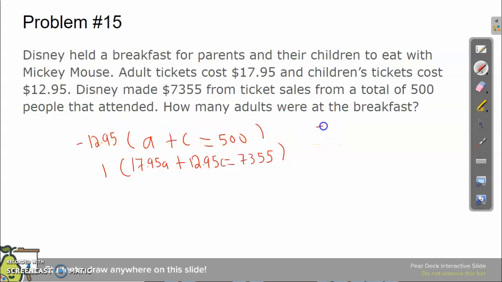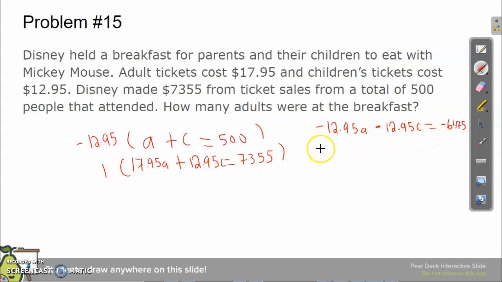This turns into negative 12.95a minus 12.95c equals, and then negative 12.95 times 500 gives you negative 6,475.